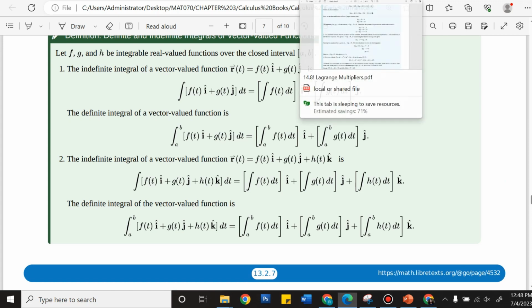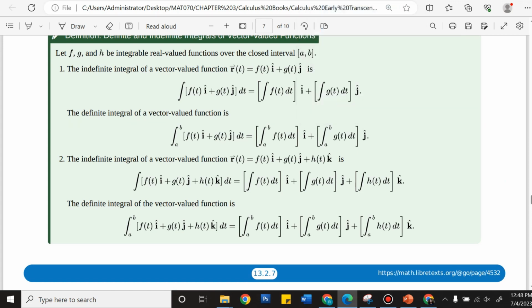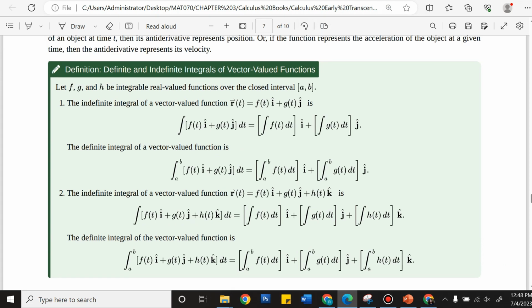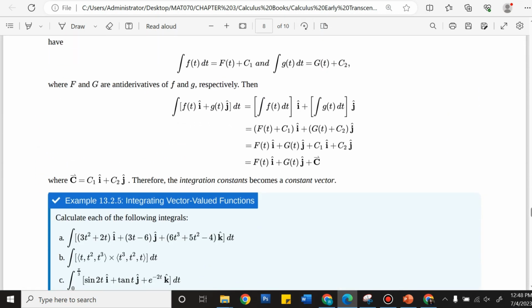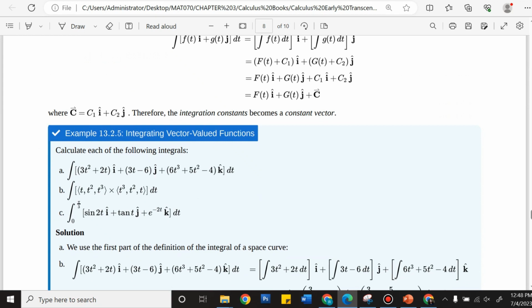Next, let's have the integral. Integral of the vector valued function. Similar lang gihapon, class, we integrate separately for i, j, k. You don't have to use the definition; you can use the theorems directly. And don't mix i, j, k.